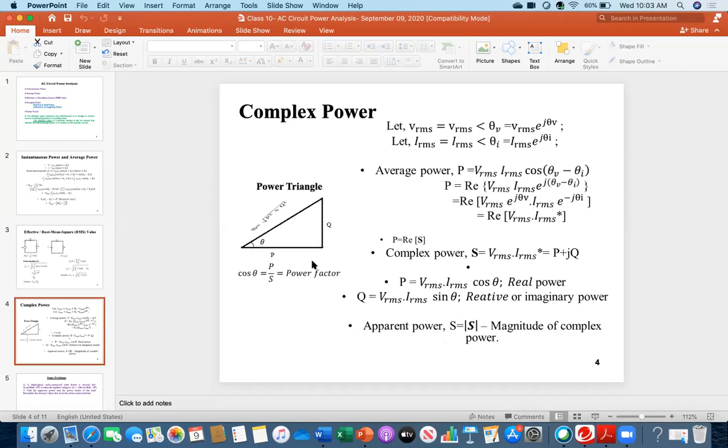This power is called the real power, sometimes called active power, and Q is the reactive power, sometimes called imaginary power. The apparent power you get by taking root over this square plus this square. And then P over S, real power over apparent power, is called cosine theta, the power factor.